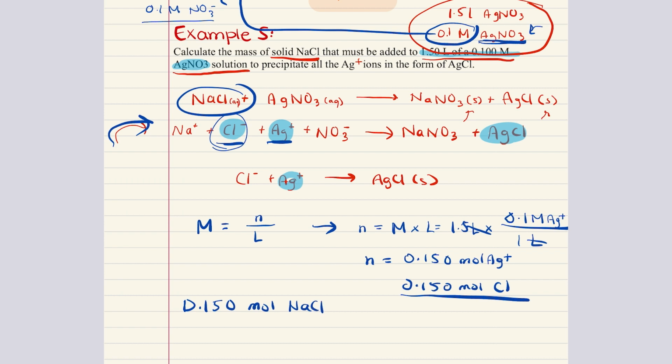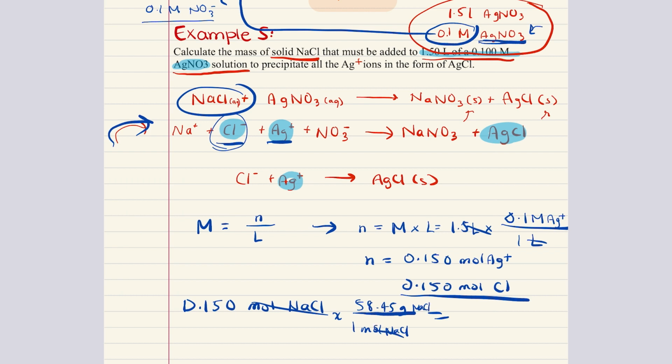With this information, now we can finally figure out the mass of solid sodium chloride that we need. And we can do this really easily by multiplying by molar mass to get the grams. 1 mole of sodium chloride is equal to 58.45 grams of sodium chloride. Moles of sodium chloride cancel out.